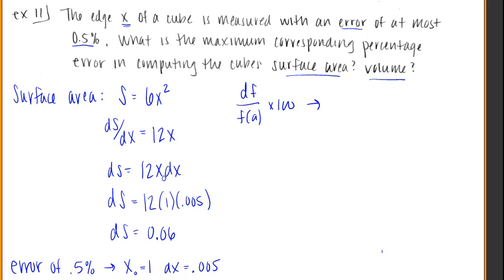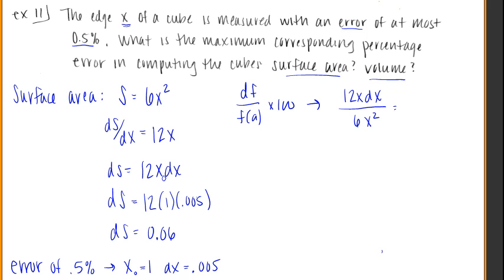How this relates to us is the derivative of our function, 12x dx, divided by 6 times x squared. Then we plug in our value: 1 for our x and 0.005 for our dx.